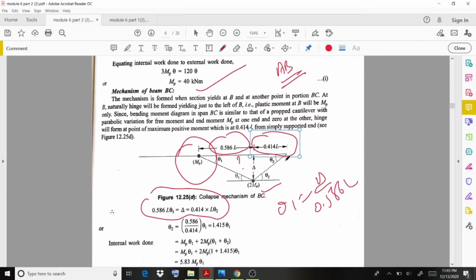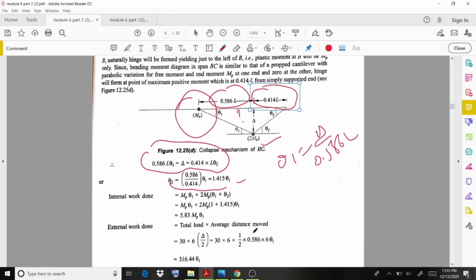If you substitute those values, the relation is theta 2 equals 1.415 theta 1. The internal work done is MP multiplied by theta 1 plus 2MP multiplied by theta 1 plus theta 2. If you substitute for theta 2, you will get 5.83 MP theta 1.